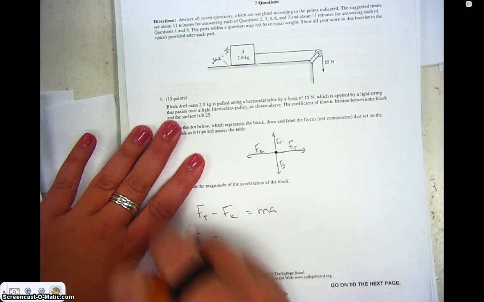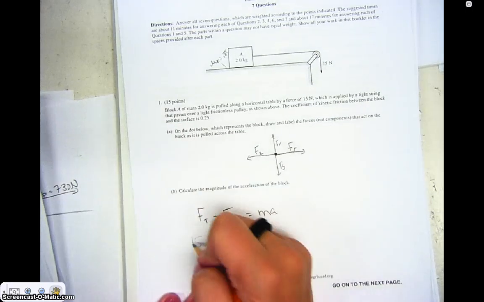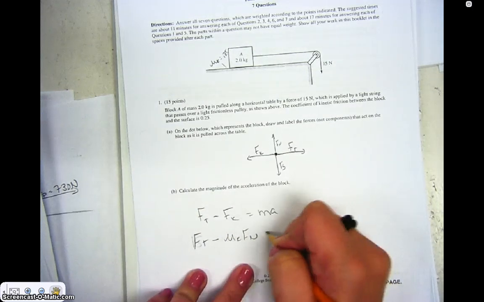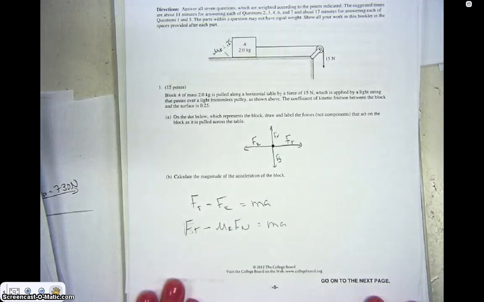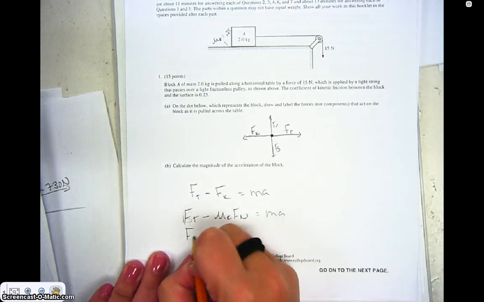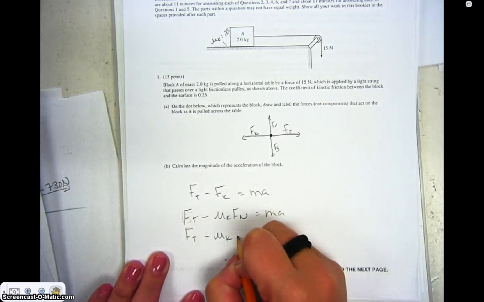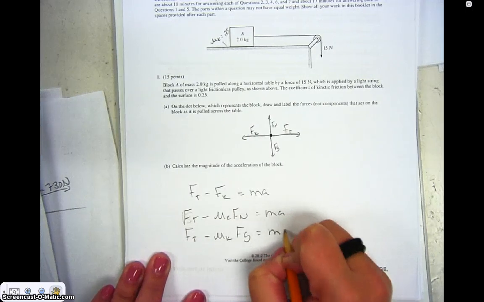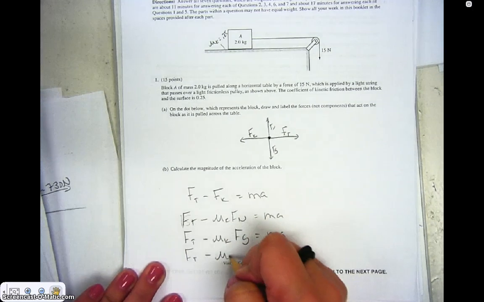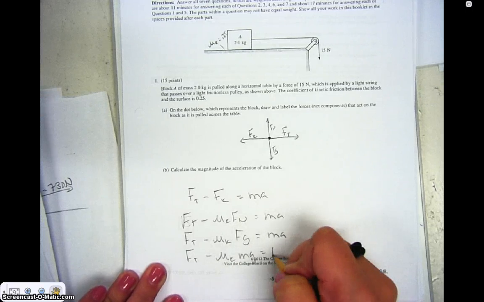Actually, let me just rewrite this until we can plug in. Right, so we've got Ft minus mu k Fn is equal to ma. And Fn is equivalent to Fg, so Ft minus mu k Fg is equal to ma. And then Fg is mg, so Ft minus mu k mg equals ma.